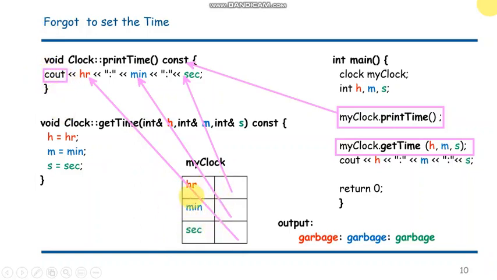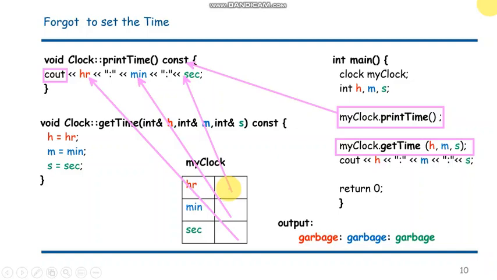This object, when it was allocated to my clock, when the memory space was reserved for use in our program, it was being used by other processes.